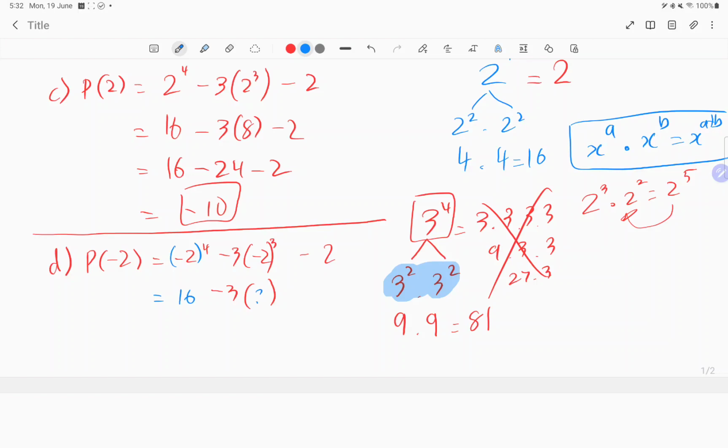I don't know how to. So negative. Remember what did I say about an odd power? If a power is an odd number, what happens? It's positive. Why is it positive? Because there's a negative and it's positive. If it's a negative, why is it a positive? What's negative 1 power 3?